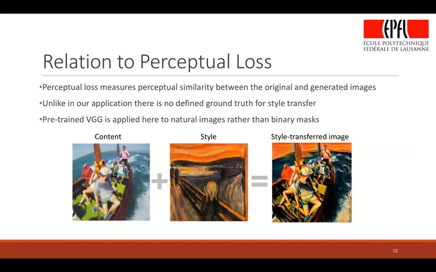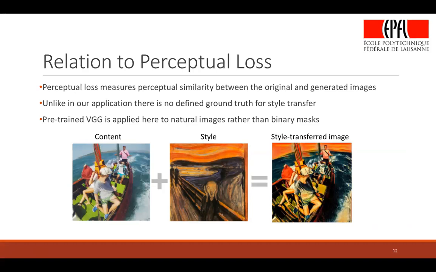In our case, however, in case of segmentation, we do have access to the precise ground truth, but still it turns out that it's more beneficial to train the network using pixelwise loss and the loss taking into account higher level features than just by comparing the prediction and ground truth pixel by pixel.